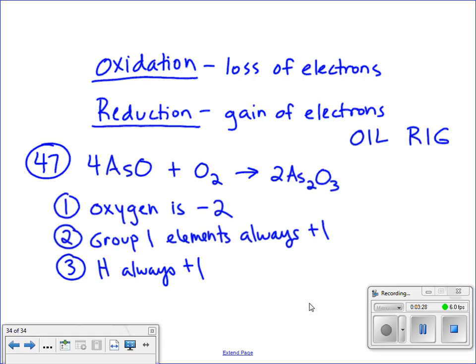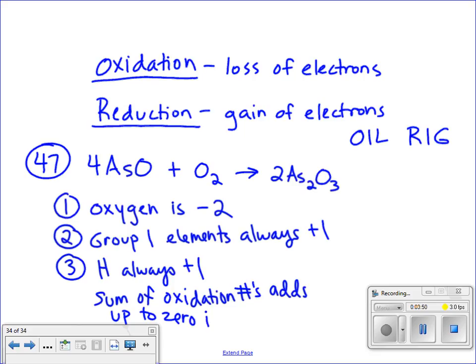The rule is that the sum of the oxidation numbers has to add up to 0. For example, if I'm trying to find the oxidation number of arsenic and oxygen, the sum of these two oxidation numbers needs to add up to 0. By the way, we do not worry about coefficients when we are doing this. We're strictly looking at the element and its charge.